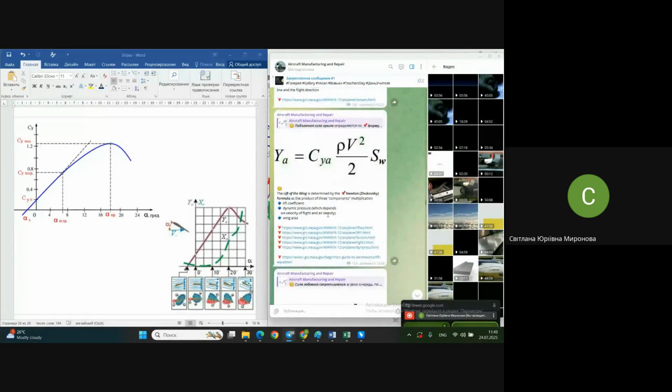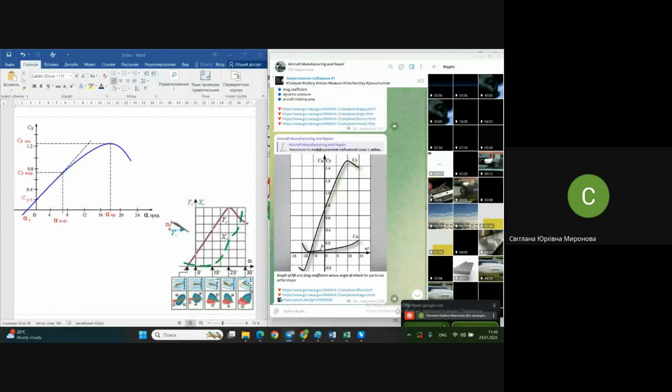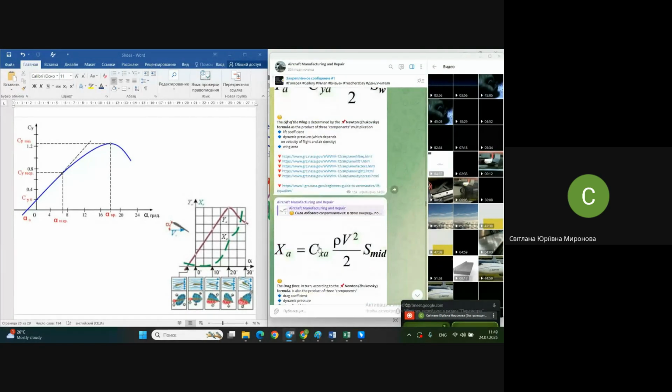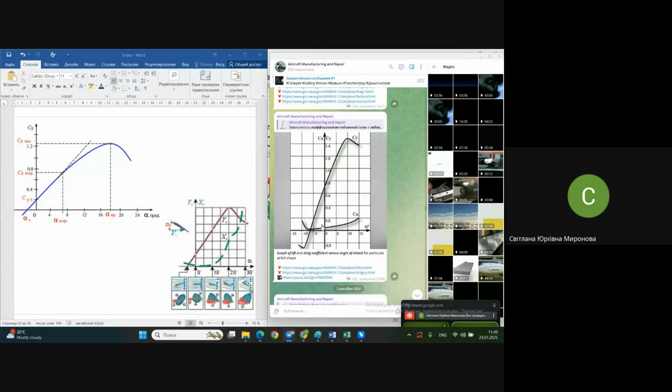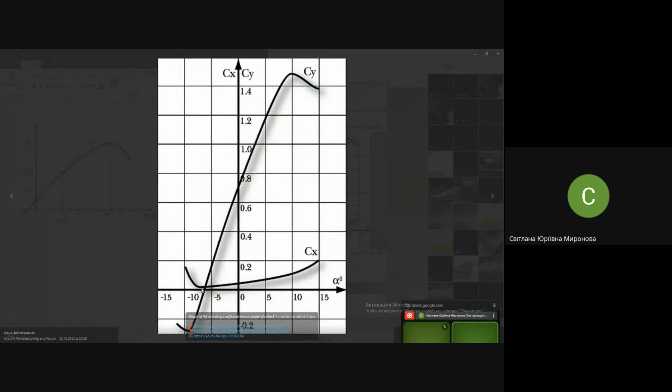And the same story, there is practically no zero drag. If lift may be zero at some point, drag can't be zero, because there always exists some friction of air, or of whatsoever fluid, over the surface.